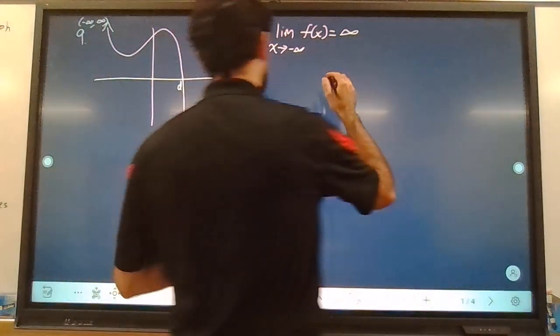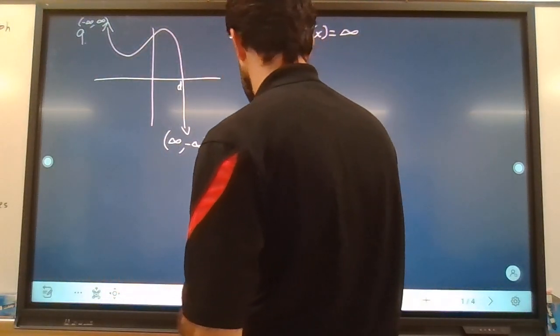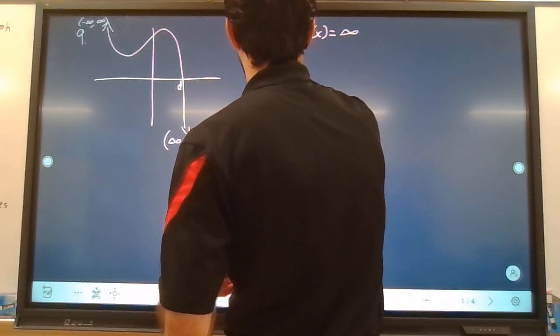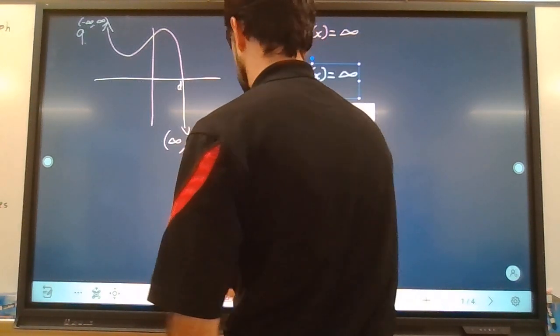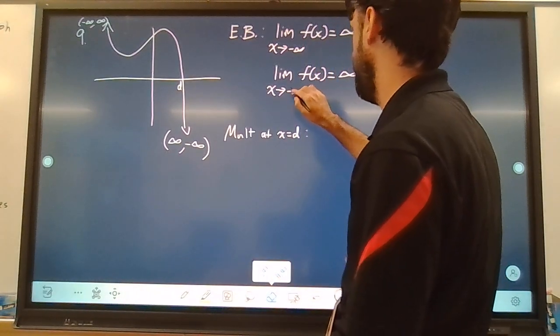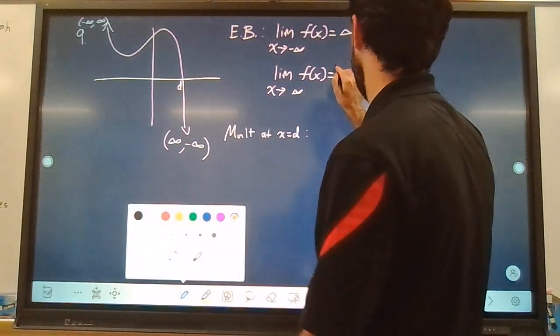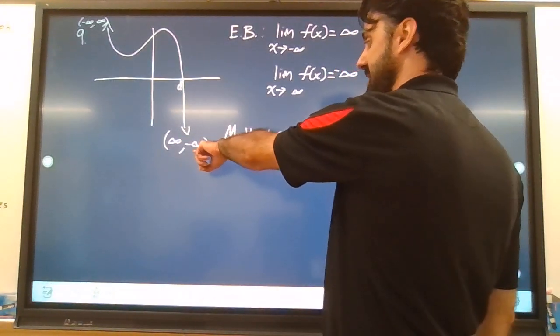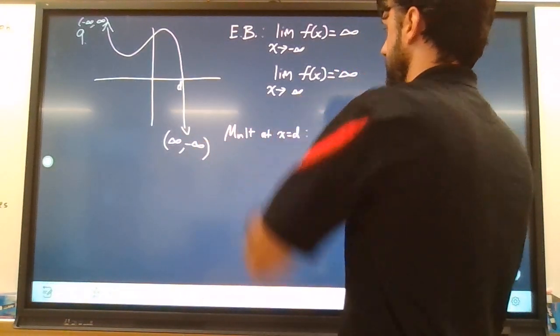So I'm going to copy and paste that limit statement, but change a couple of things. We get rid of the negative there and move it to here, because now x is positive infinity, y is negative infinity.